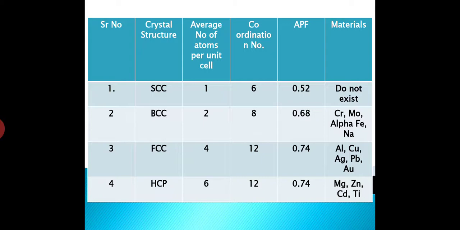In case of materials, the SC structure has no specific material, but the BCC structure has examples chromium, molybdenum, alpha ferrite and sodium. For the FCC structure, examples are aluminum, copper, silver, lead and antimony. For the HCP structure, examples are magnesium, zinc, cadmium and titanium. So all of you must remember this table.